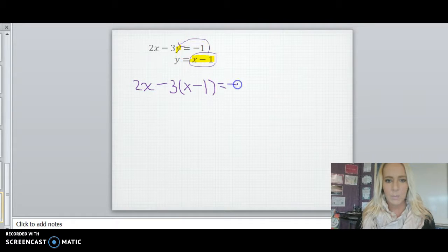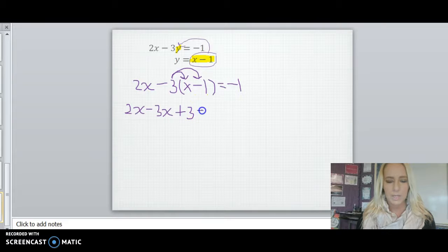Now I'm going to apply multi-step equations to solve for x. So I'm going to apply distributive property. 2x minus 3 times x is negative 3x. Negative 3 times negative 1 is positive 3.